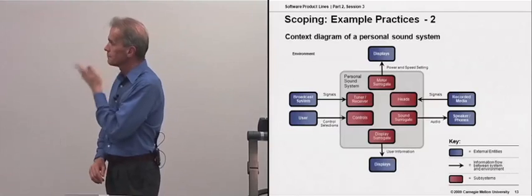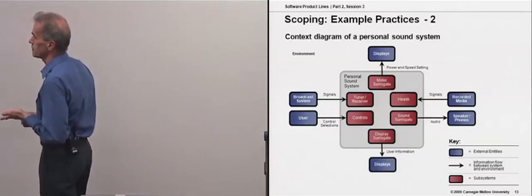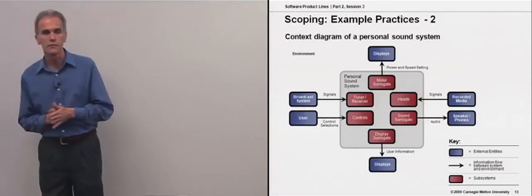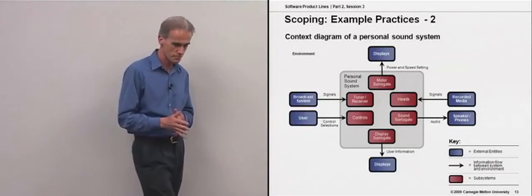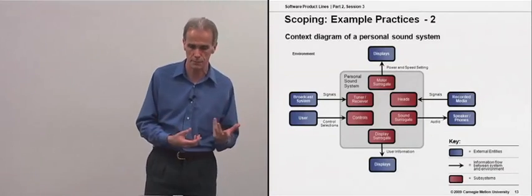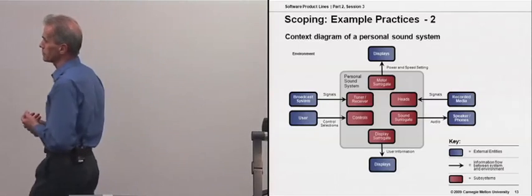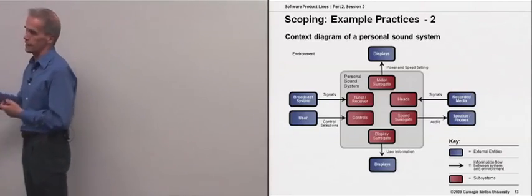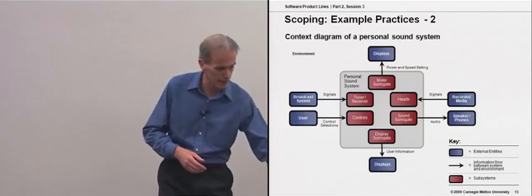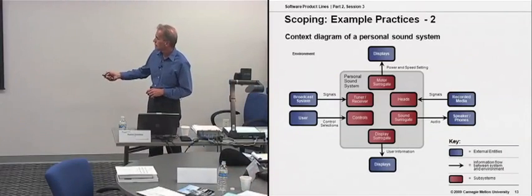have to interact. This is a representation of a context diagram for a personal sound system. So this is a portable music player. And the product line bounds are shown in the large gray rectangle here. So you have things in here that are going to be part of the product line.